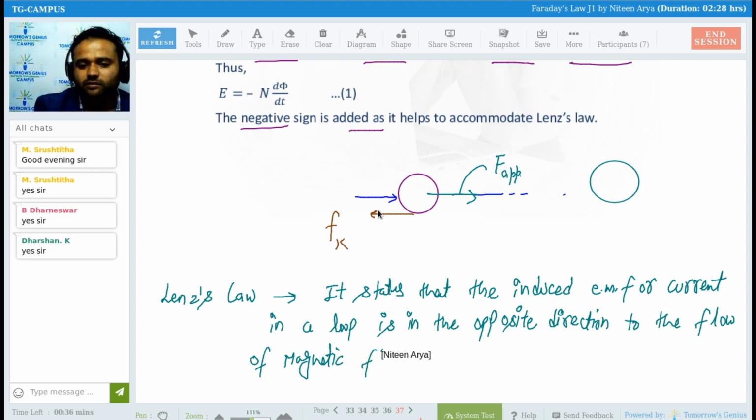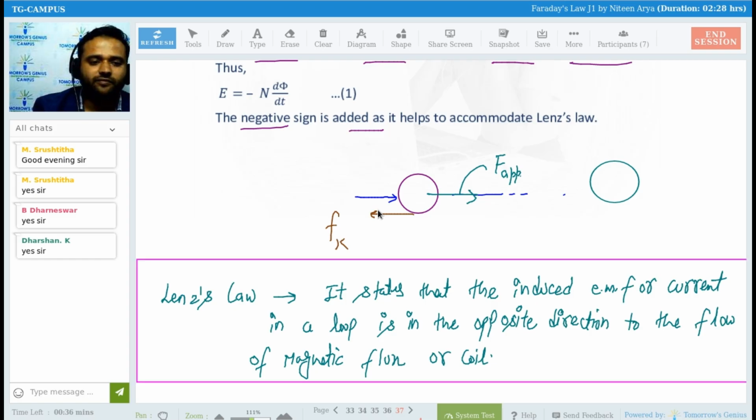Is this clear now? So this negative sign states that, and that is known as Lenz's law. Is this clear, everyone, now? What does this negative sign stand for and what is Lenz's law?